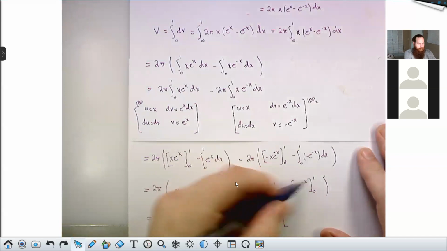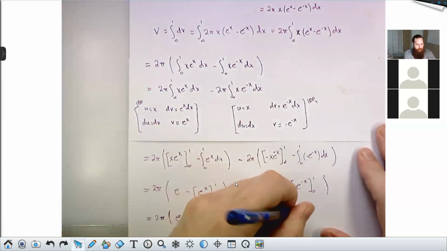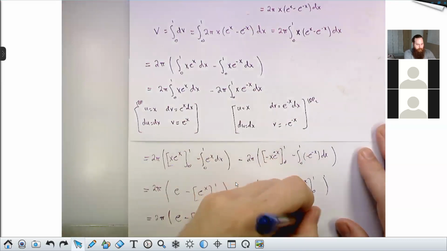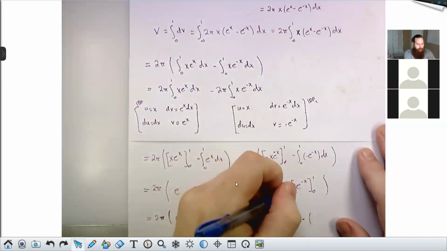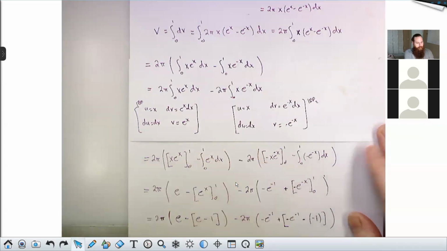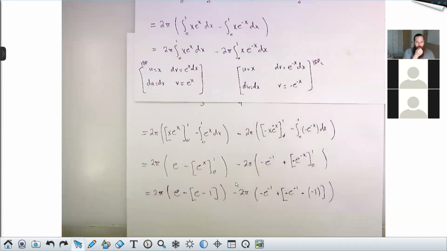So when I plug in 1, I'll have negative e to the negative 1. And then when I plug in 0, I'll subtract what I get when I plug in 0. That'll be minus, and then negative e to the negative 0. That's minus 1. So lots of parentheses piling up, lots of negatives to distribute carefully. But as long as you are patient and careful, everything will go just fine.